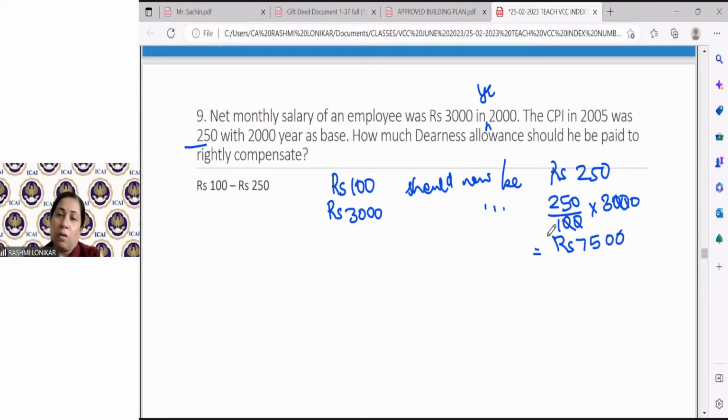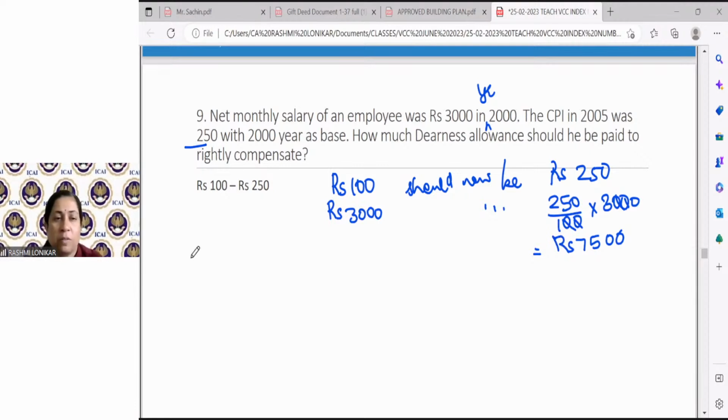So if you take into account the consumer price index, whatever was costing 100 rupees is now costing 250 rupees. So if you want your employee to be happy, what should the company do? The company which was earlier paying them 3000 should now pay them 7500.